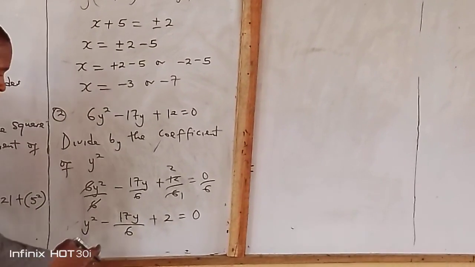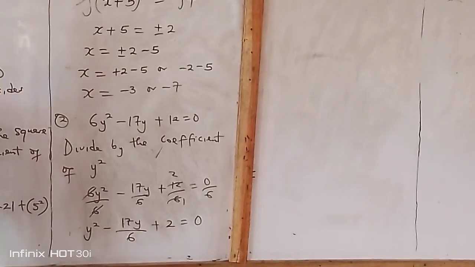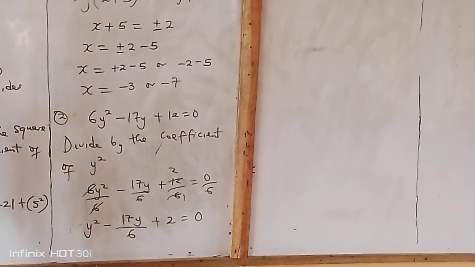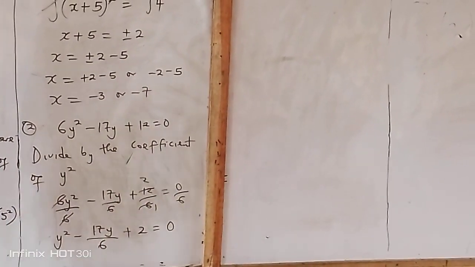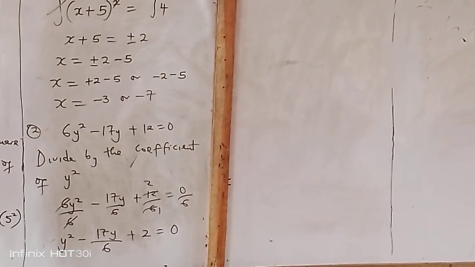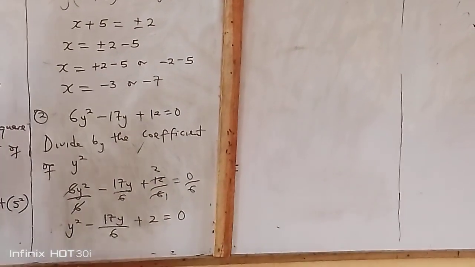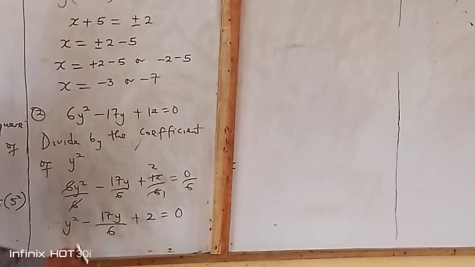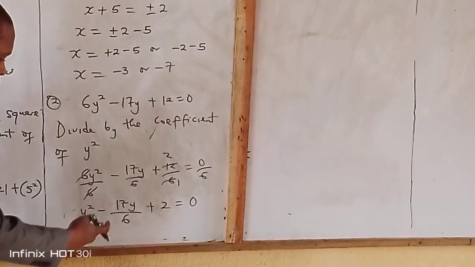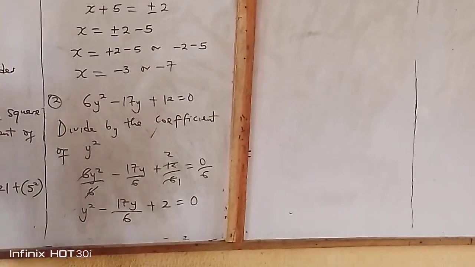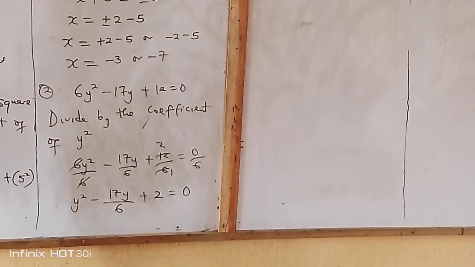And for us to get half of this coefficient, all we need to do is to multiply by 1 over 2. So we are going to have minus 17 over 12. That is half of the coefficient of y, because the coefficient of y here is minus 17 over 6. So by the time you multiply it by 1 over 2, we are going to have minus 17 over 12. Then you are going to square it.